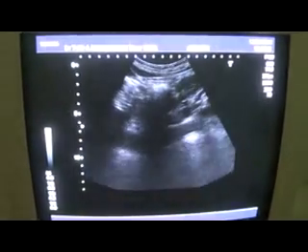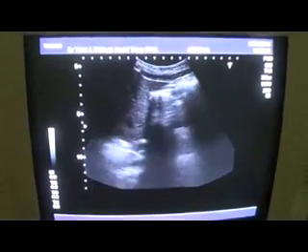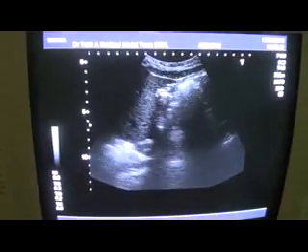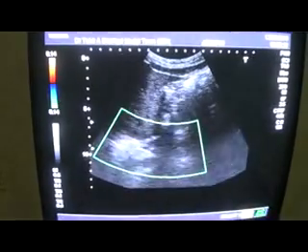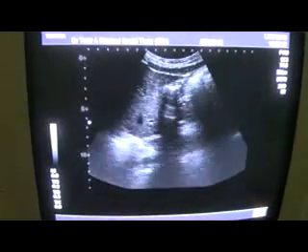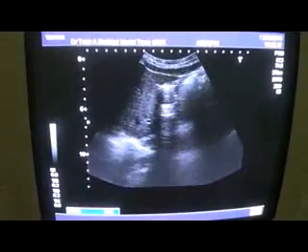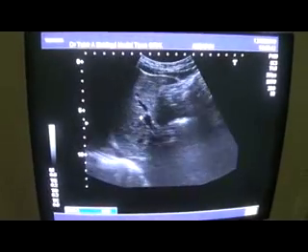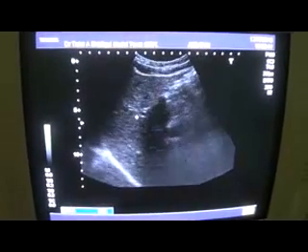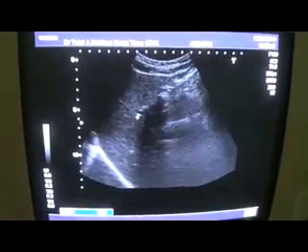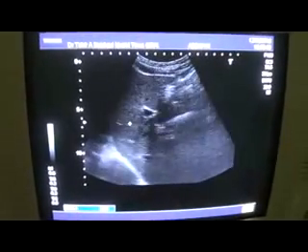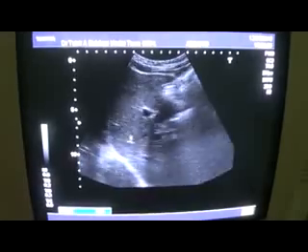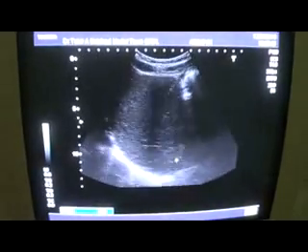Now when I come to the midline from the epigastric region, this is the epigastric region. When I place the probe in the epigastric region, I can see the liver, excuse me. This is the liver angle, outer surface of the liver, left lobe of the liver, and when I sweep the probe towards the right side, I see the right side of the liver as well, along with the IVC, and this is the right lobe.